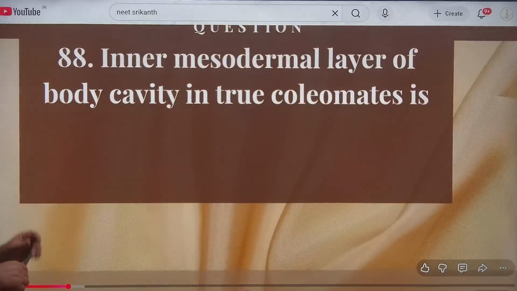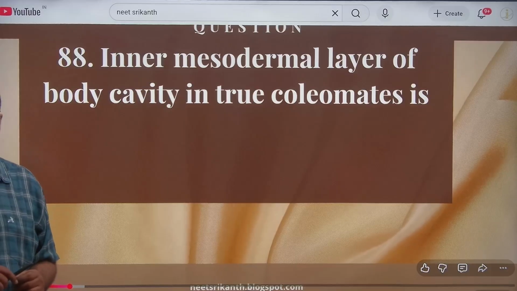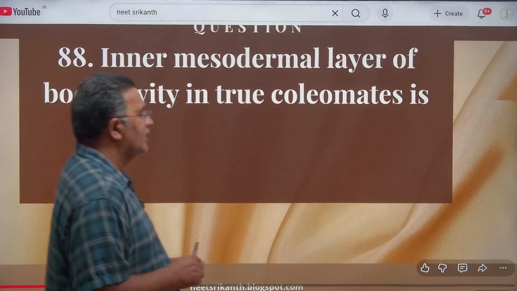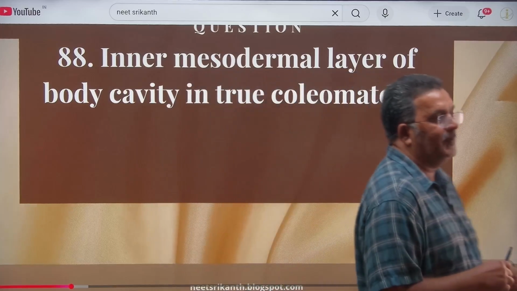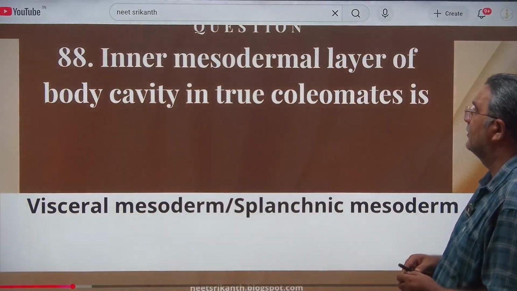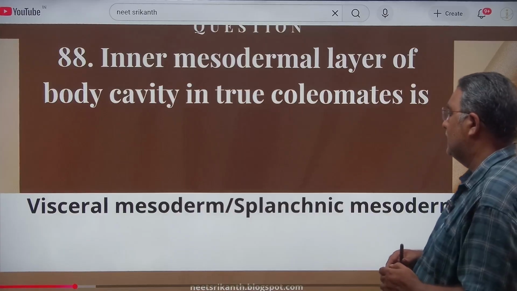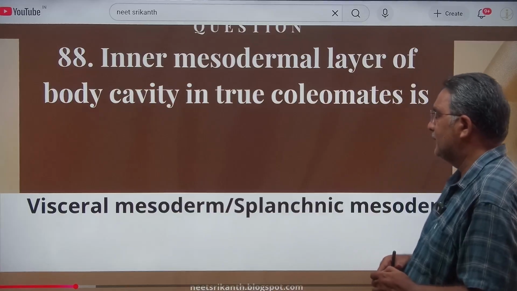What is the inner mesodermal layer of the body cavity in true coelomates? Visceral or splanchnic mesoderm. Inner mesodermal layer of body cavity in true coelomates is visceral or splanchnic mesoderm.